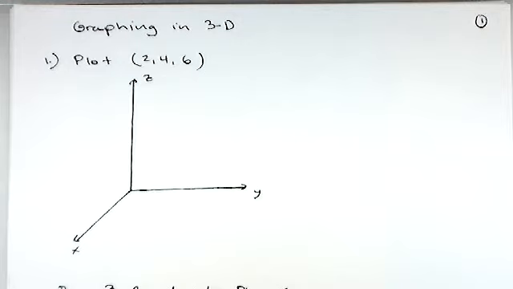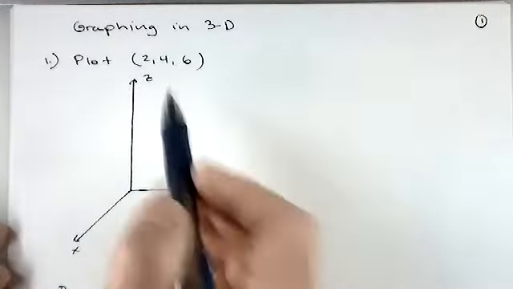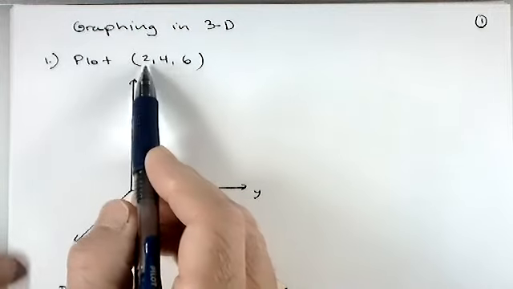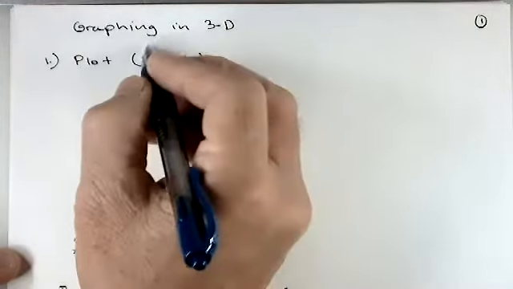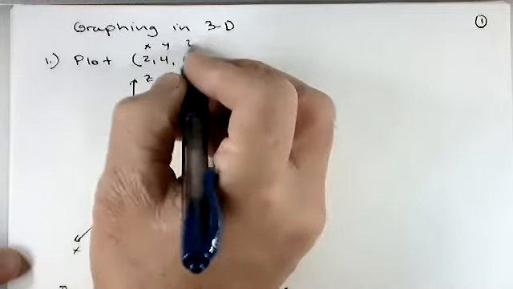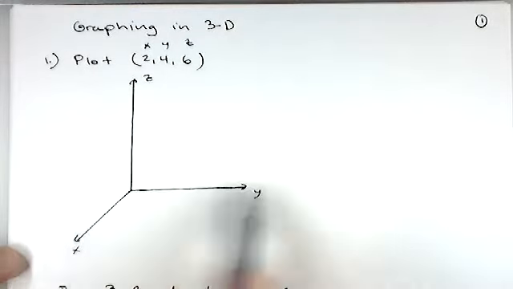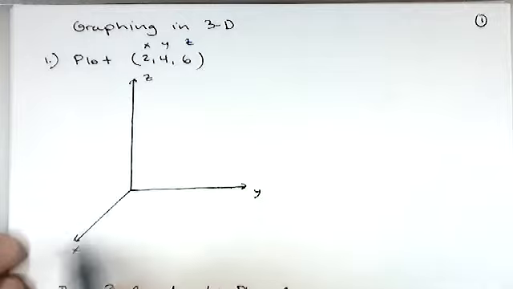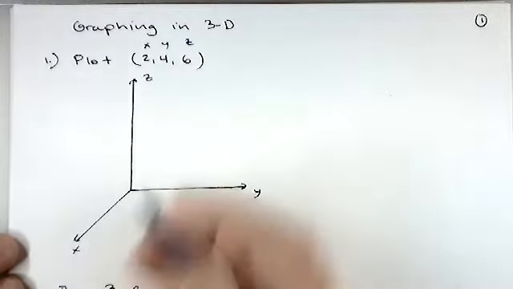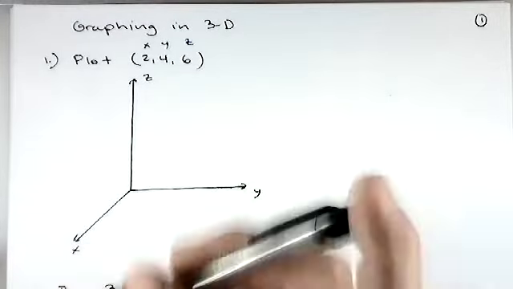So anyhow, let's start talking about 3 dimensions. The first change you may have noticed right off the bat is if I'm asked to plot a point, which you would have X, Y, and Z in that order, we're used to X going left and right and Y going up and down. But now that we're adding a 3rd dimension, we're going to have X coming in and out of the paper.